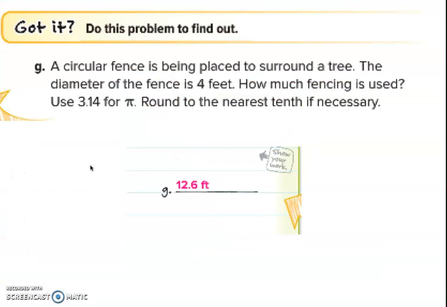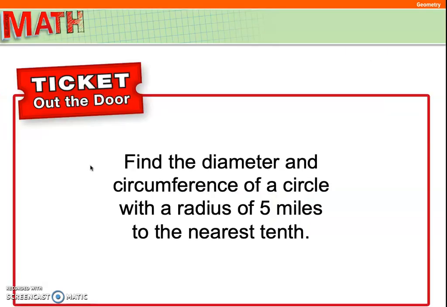Well, this is the end of today's lesson. You can go ahead and work on your assignment, but before you do that, we are going to do an exit ticket that you will find on a Google form under this assignment on Google Classroom. This is going to be today's question.